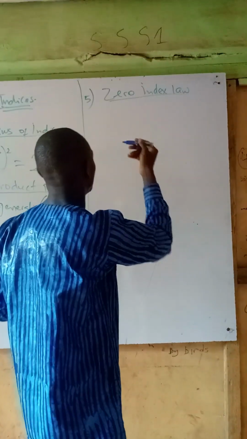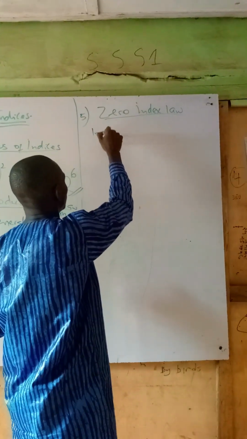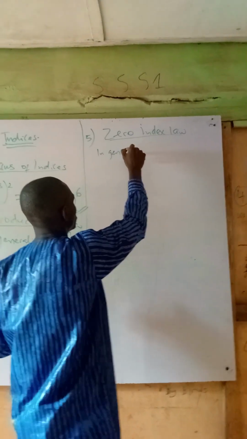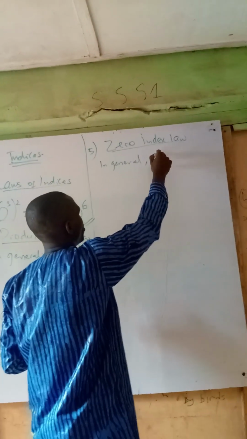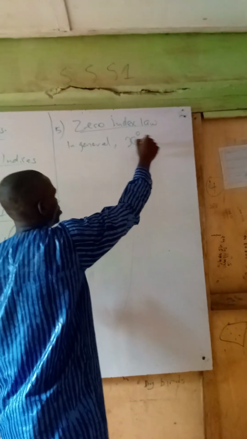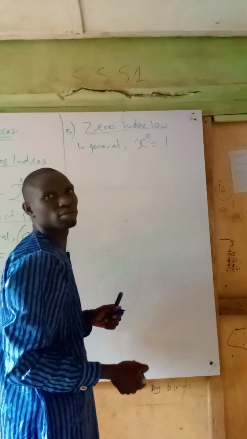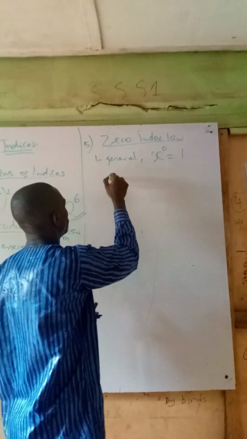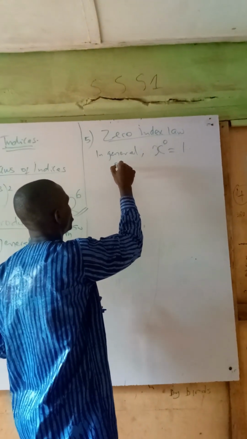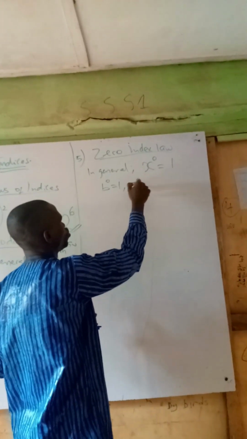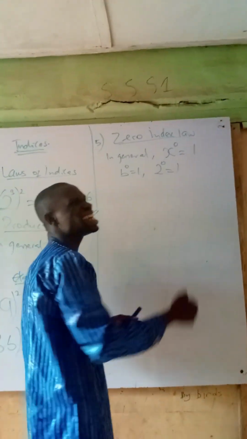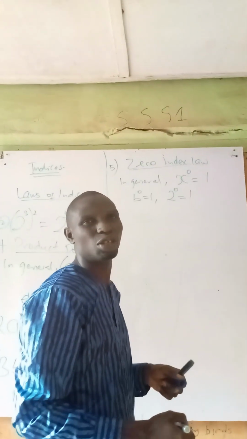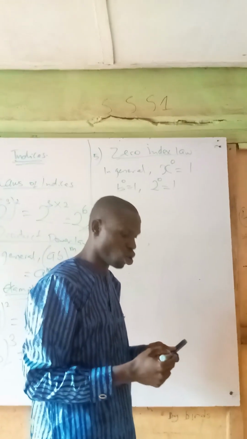So, in general, the law says that when you have x raised to the power of 0, it will always give you 1. So b raised to the power of 0 will give you 1. Likewise, 2 raised to the power of 0 will give you 1. So any number that is raised to the power of 0 will always equal 1.